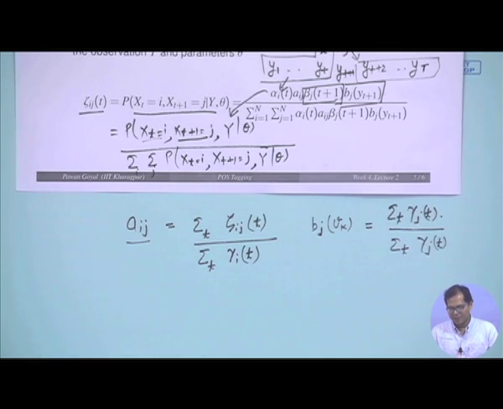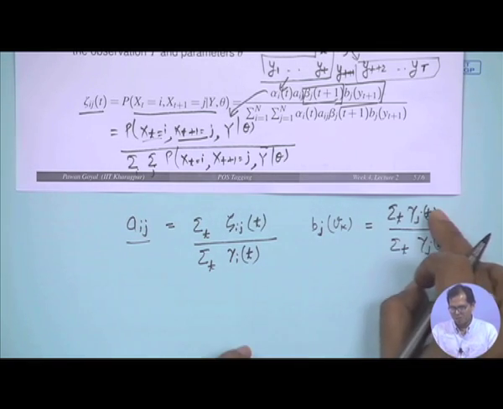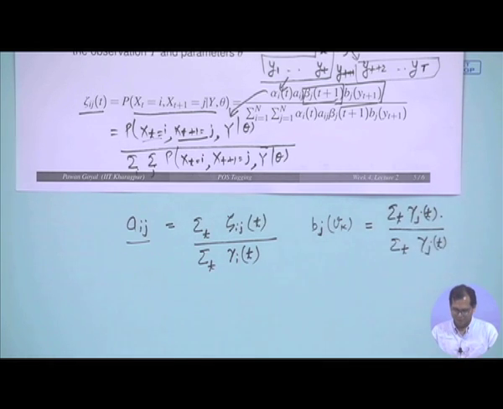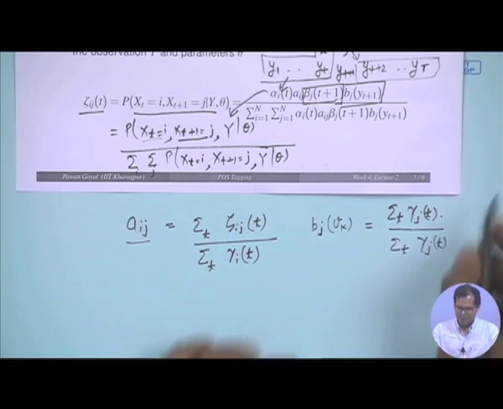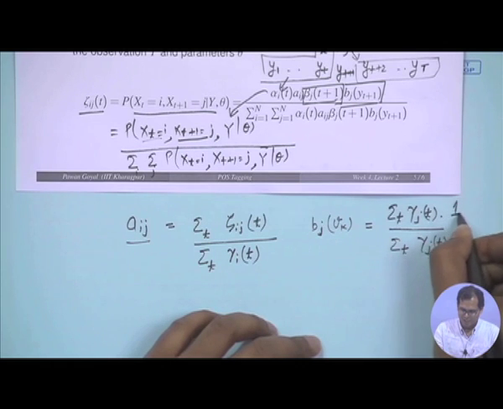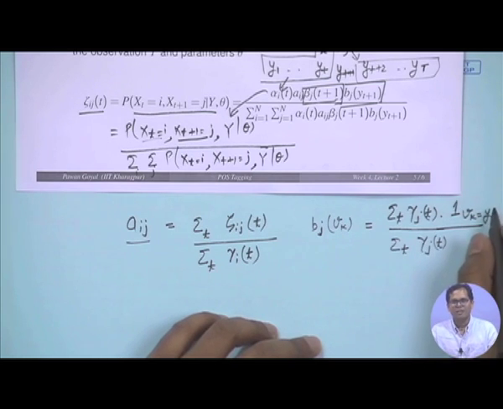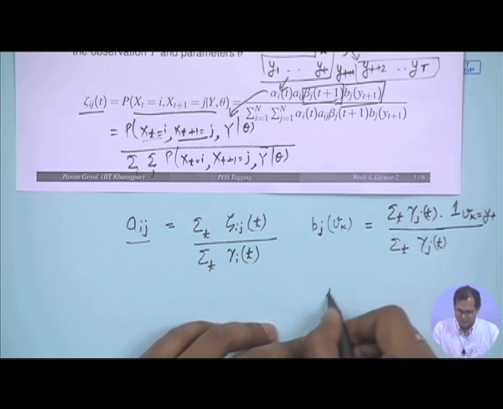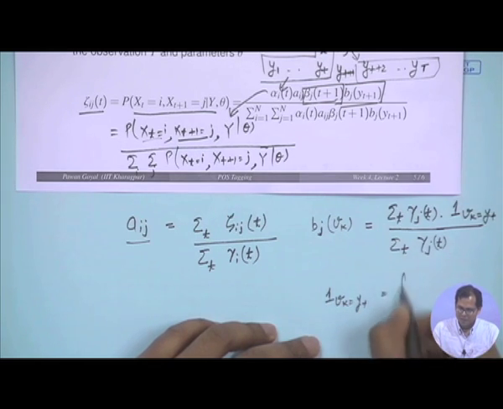Okay. Now, at time t the observation is small yt. So I can use some sort of a simple notation or indicator function, 1(vk equals yt). What is an indicator function? So 1(vk equals yt) will be 1 if vk is actually yt and 0 otherwise.